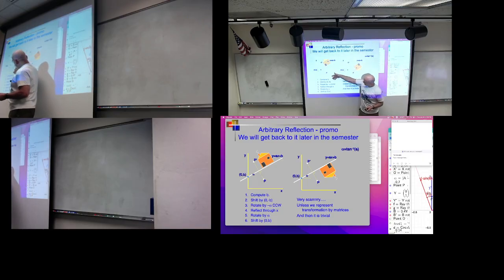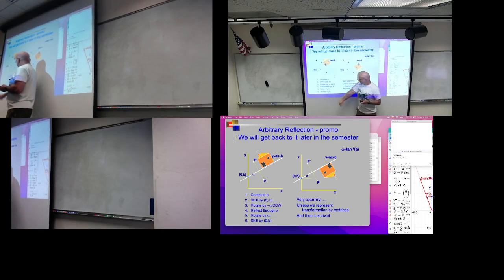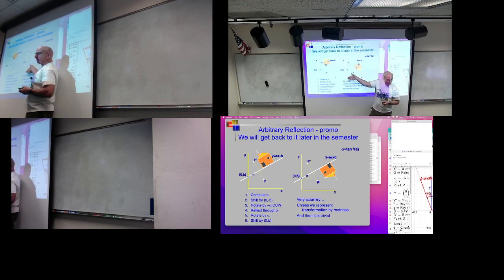After these two operations, the house is nicely placed right here, above the x-axis. Now you know how to reflect it by the x-axis. We saw it two slides ago. Take x y to x minus y. And now do the reverse sequence of these operations.